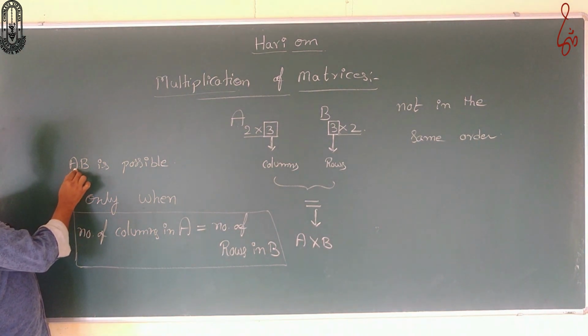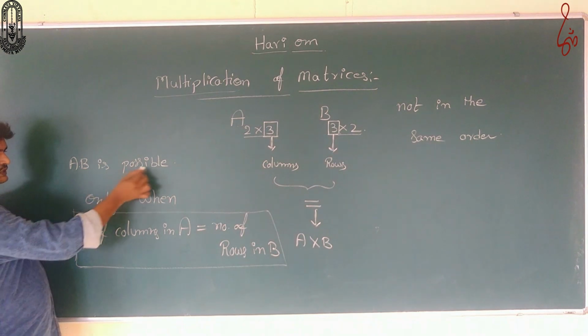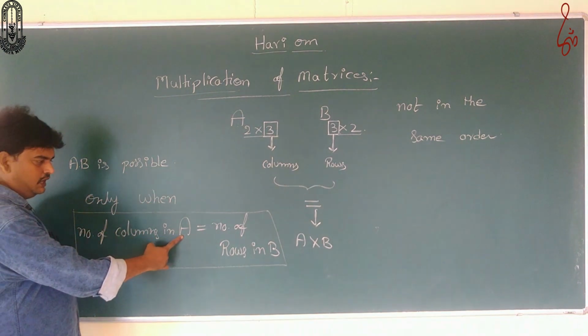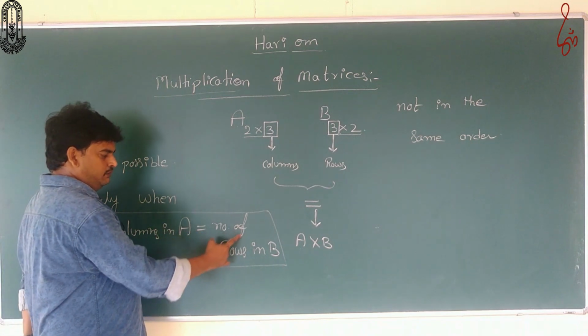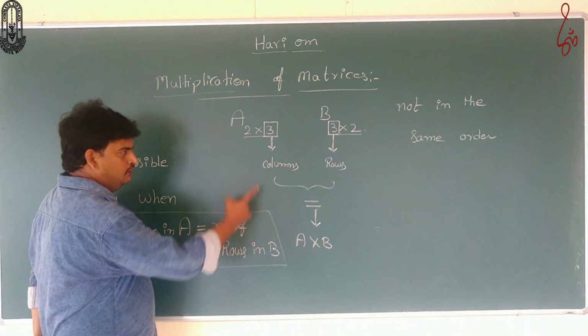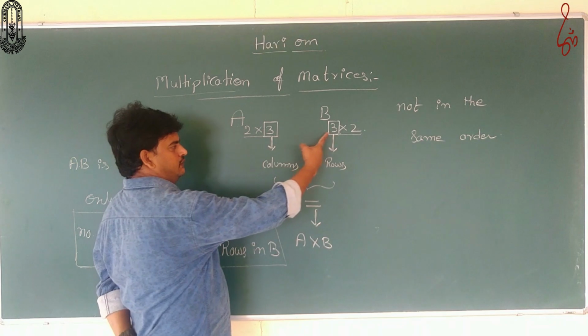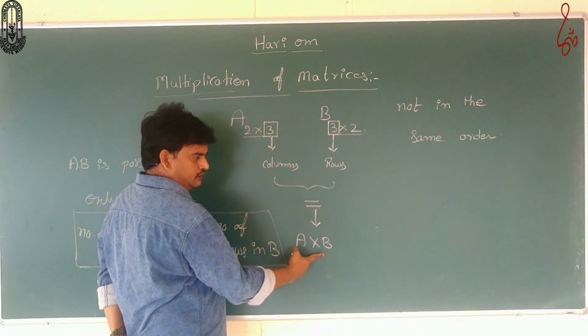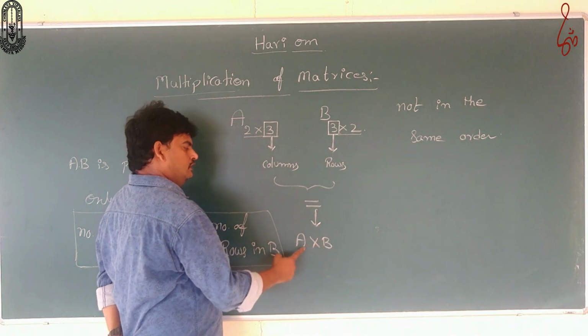So the product of A and B is possible only when number of columns in A is equal to number of rows in B. Then we are able to find the product of A and B.